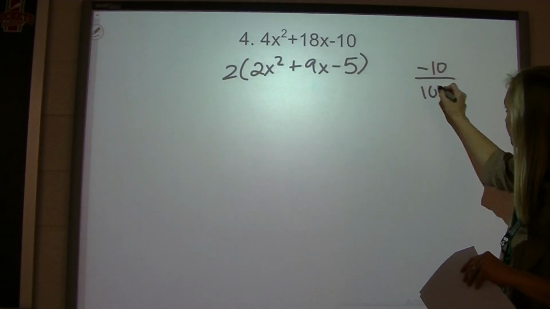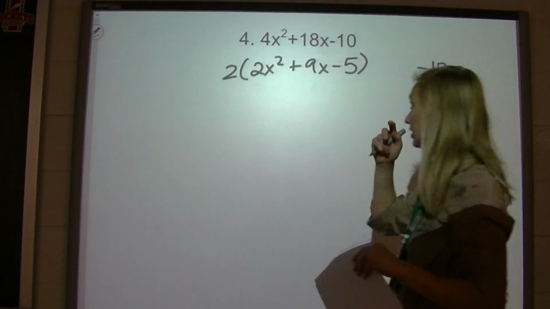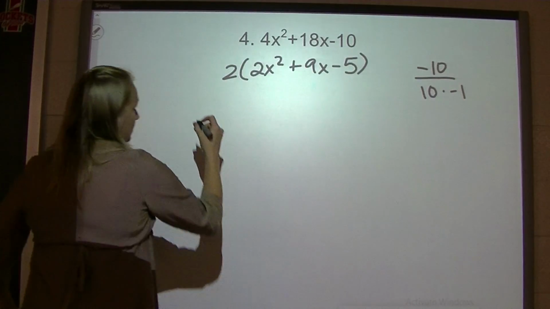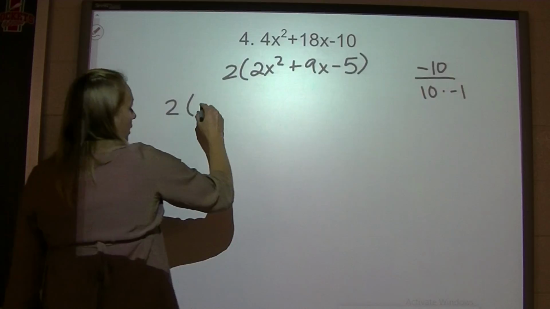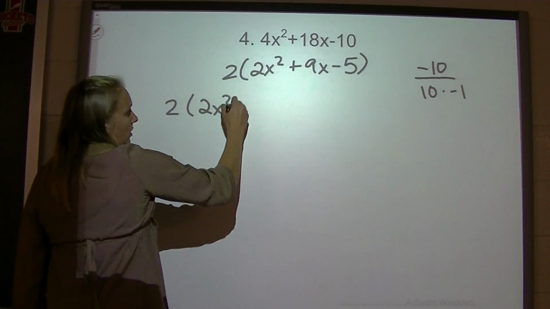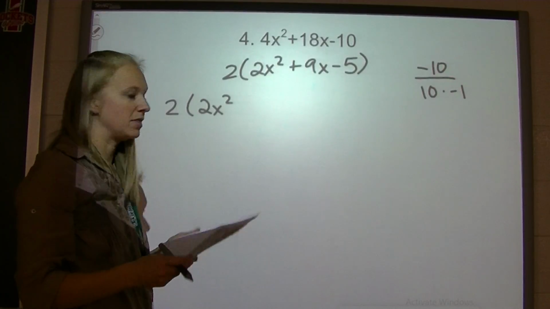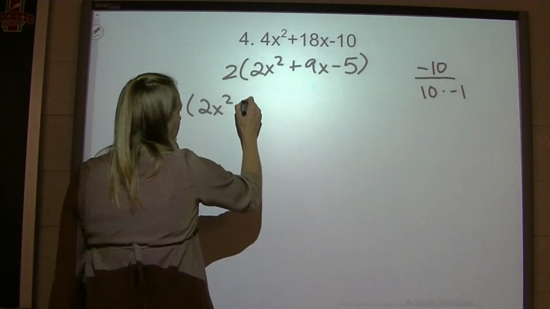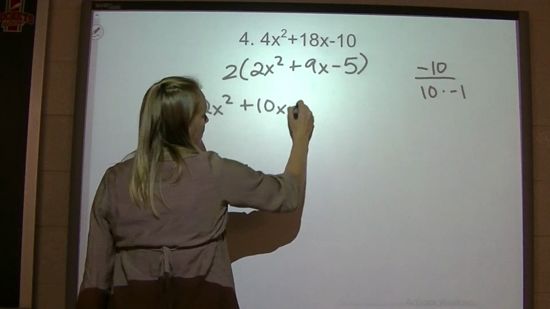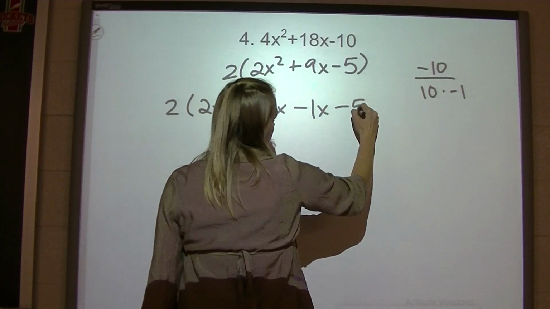And yes, 10 times negative 1 gives us positive 9. So we factor by, if you look back at that method, this is called the grouping method. We factor by grouping. So it's 2x squared plus 10x minus 1x minus 5.